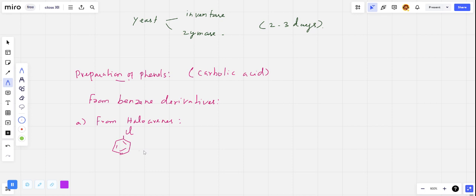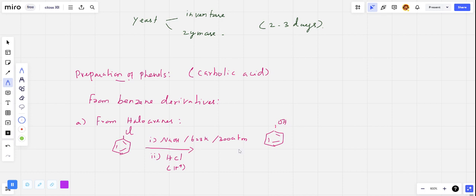Chlorobenzene, when treated with NaOH at 623 Kelvin and 300 atmospheric pressure, then undergoes acid hydrolysis with HCl or H plus, gives phenol.